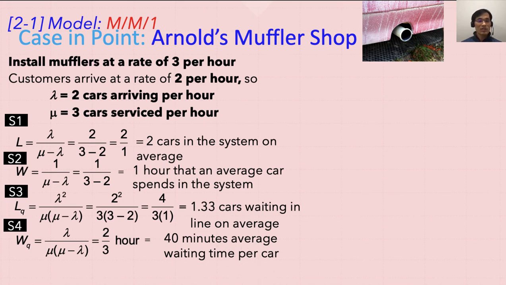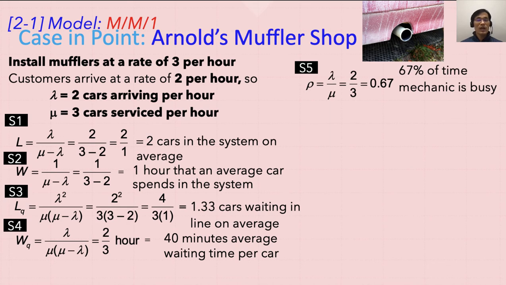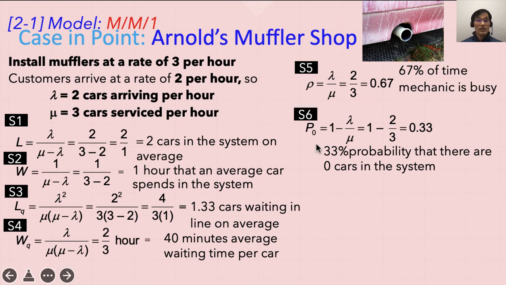Rho is 2 over 3, which is 67%, so 67% of the time the mechanic is busy. That's the utilization rate. And P0 is the probability that there will be no car in the system, and that's 33%. So there's a 33% chance of not having any car in the system.